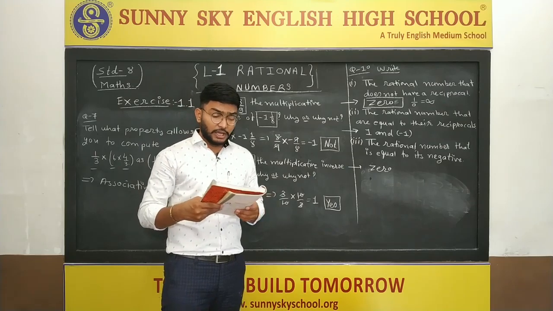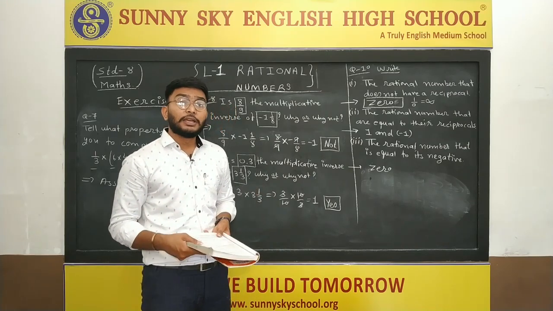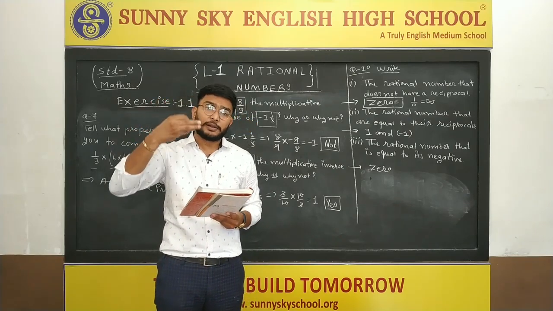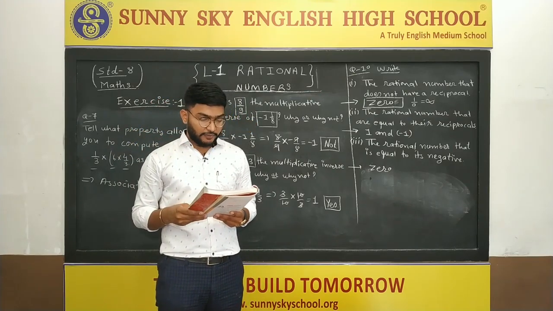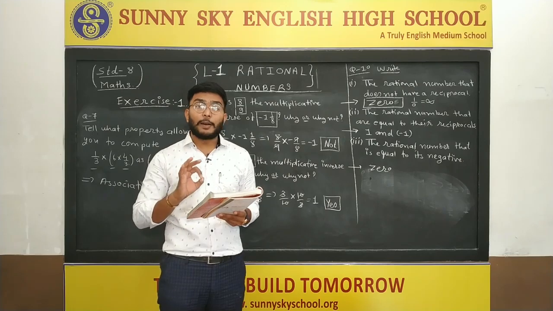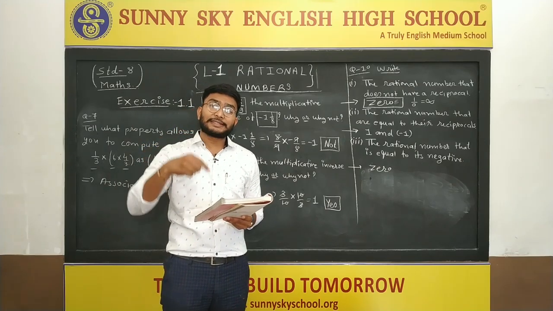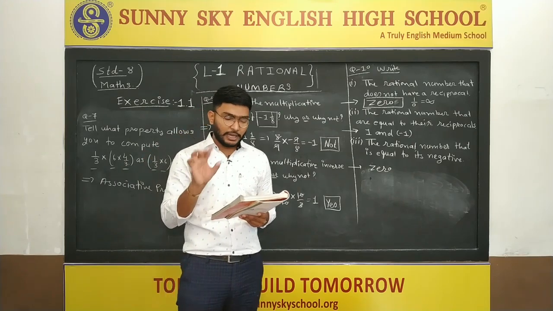And third, the reciprocal of minus 5. The reciprocal of minus 5 means just invert it, therefore the answer is 1 upon minus 5. Okay, fourth, the reciprocal of 1 upon x. Invert it, then x upon 1, it means the answer is only x.